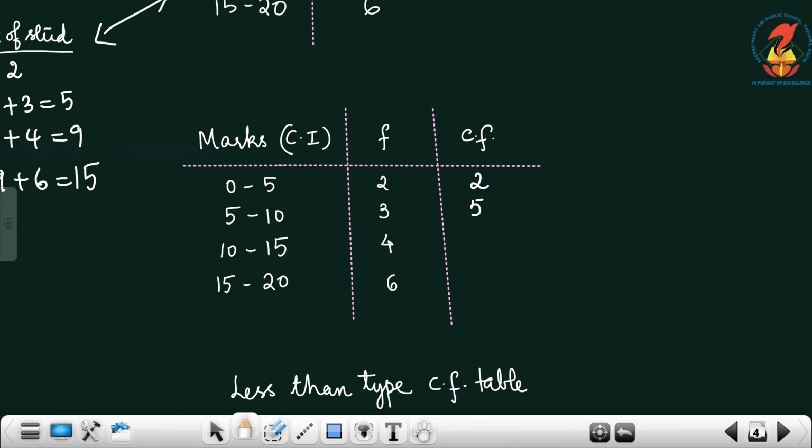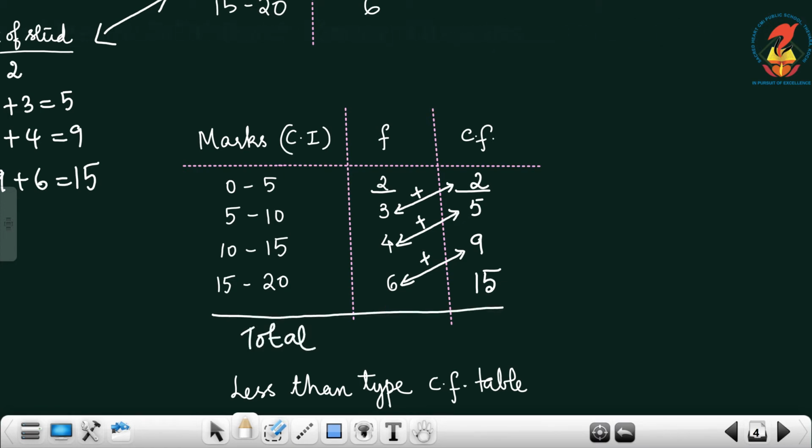Marks less than 15, 9. And marks less than 20, 15. So the first number I wrote the same. Then to get the cumulative frequency, add 3 plus 2. To get the next cumulative frequency, 4 plus 5, 6 plus 9, 15.